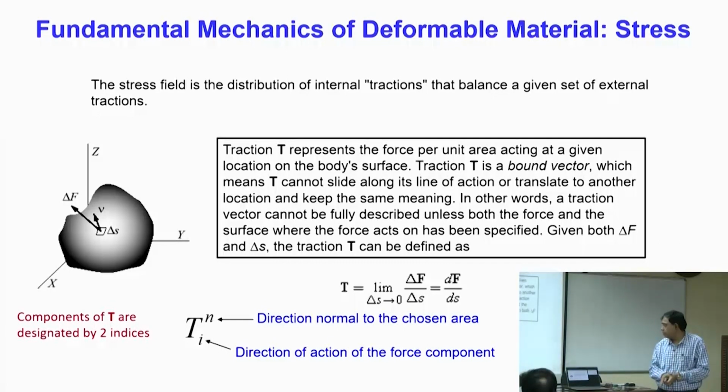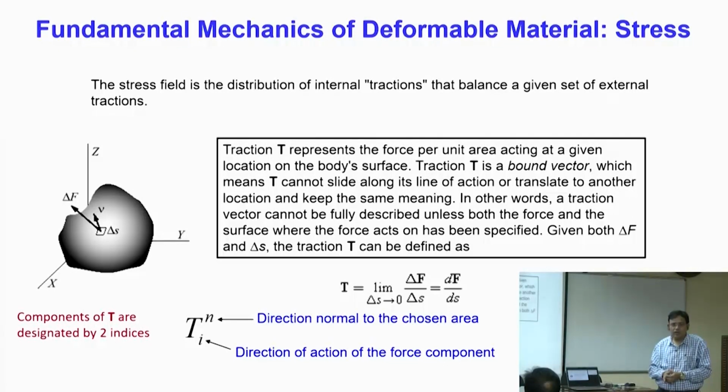Now, we symbolize it with a subscript and a superscript. The subscript I is the direction of the particular component. Any vector we can describe with one subscript, say I, with I equal to 1 meaning x component, I equal to 2 y component, etc. So, 3 components you can represent.